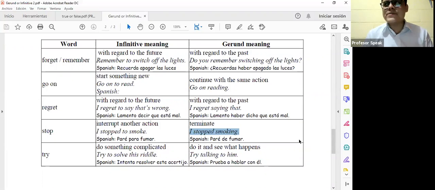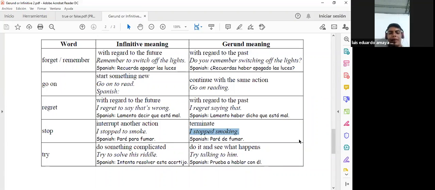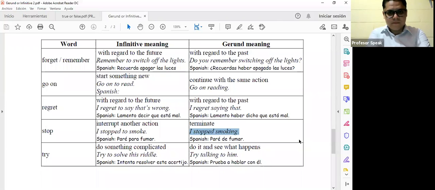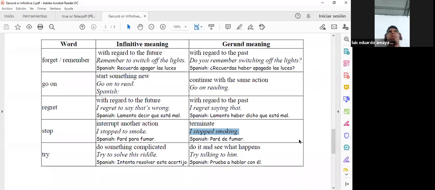You see the difference, guys? En infinitivo es una acción que realizamos. Y el gerundio es como algo que no realizamos, digamos, yo terminé la tarea o paré la tarea para hacer algo más.